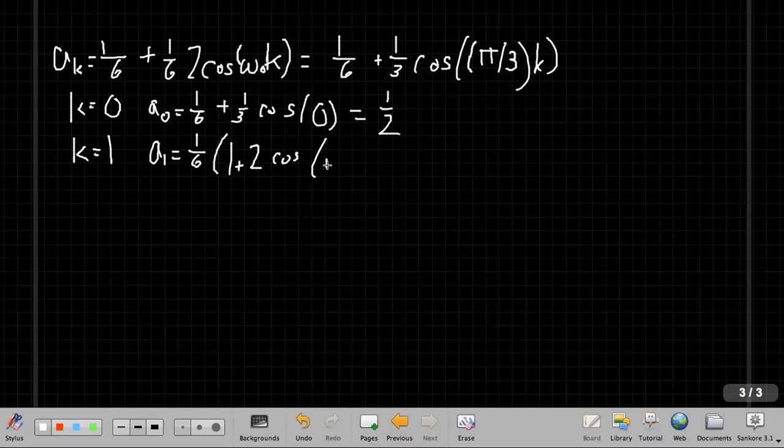Now omega naught is pi over 3 times 1. Well, cosine of pi over 3 is a half. So to help those of you who need to remember your trig, 2 times a half is 1, plus 1 is 2. So I have 2 times 1/6, so that will be 1/3.